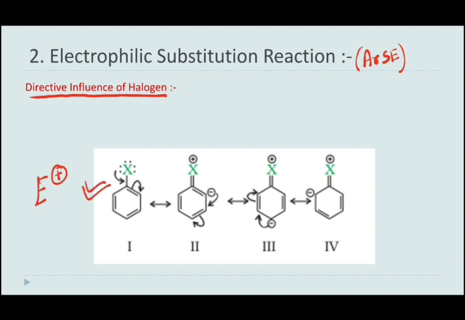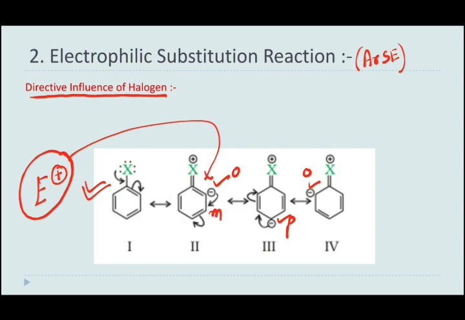When you observe this resonating structure, you see that negative charge is coming on the ortho and para positions. So when we compare ortho and para positions with the meta position, tell me where the electrophile would like to attach, on a negative charge carbon atom or on a neutral carbon atom.